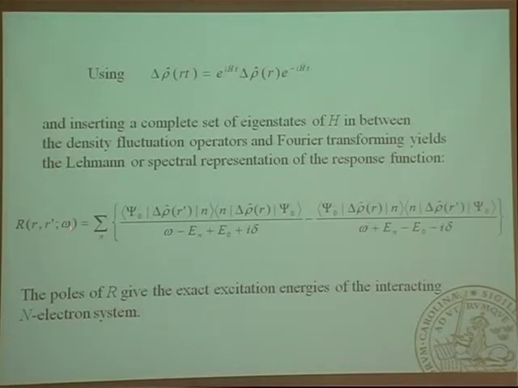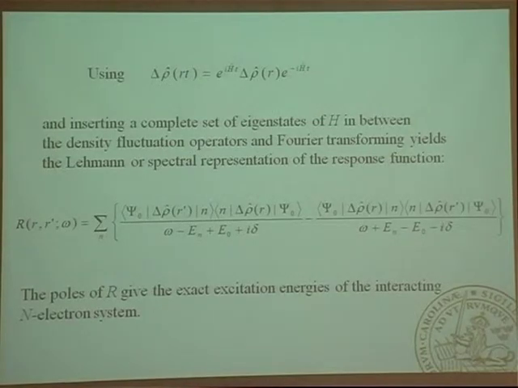If we plot the imaginary part of this response function, we usually see some peaks, and those peaks correspond to the excitations of the system. And in the many-body, many-electron system, we might have some collective excitations, and you will see these collective excitations as peaks in the imaginary part of the response functions.